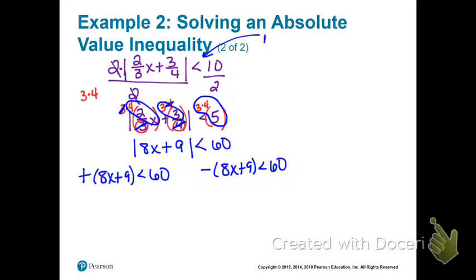All right, so this is a less than, so that means this is an and statement, which means when we graph this, we're going to graph the overlap, which also means we saw in that first example that we'll be able to write our answer as some number less than, maybe with an equal to, x less than some number. And of course, if there's an equal to, we'll have to look at the inequality to see if we need to put it on these inequalities. And this is our intersection as well. All right, so let's solve both of these. So I'm going to distribute that positive.